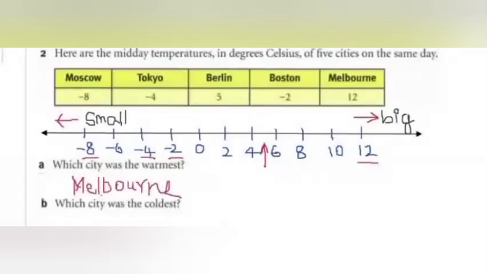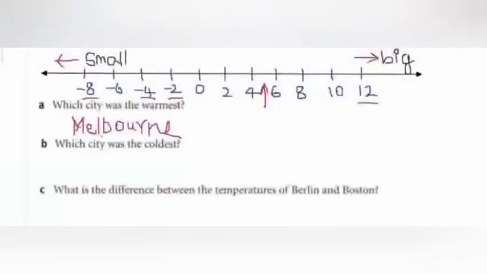The next one: which city was the coldest? So which is the smallest temperature? Definitely it's going to be Moscow, isn't it? -8 is the smallest, and we can see it in the number line easily. The smallest is the coldest temperature. So it goes for Moscow.